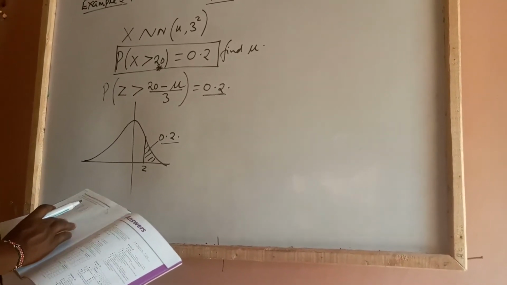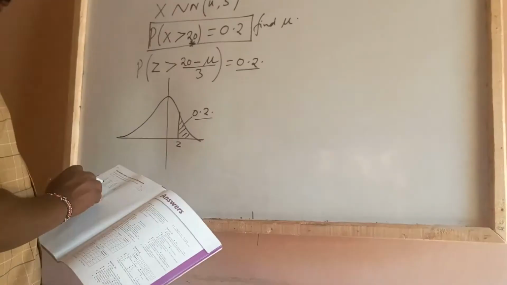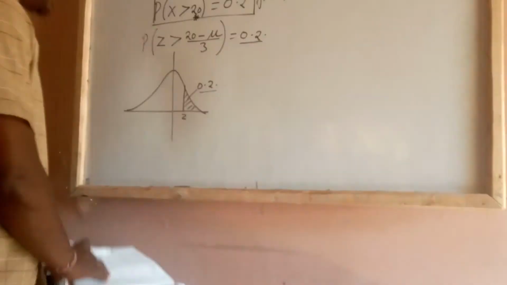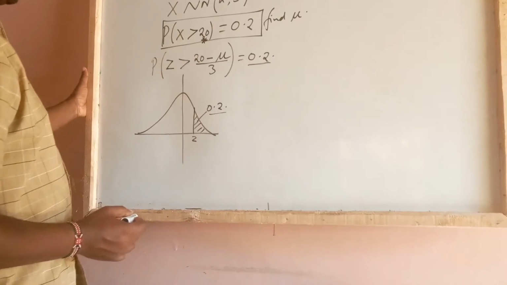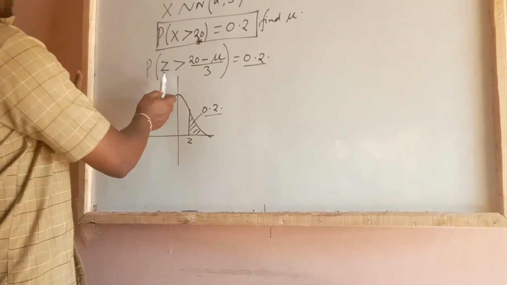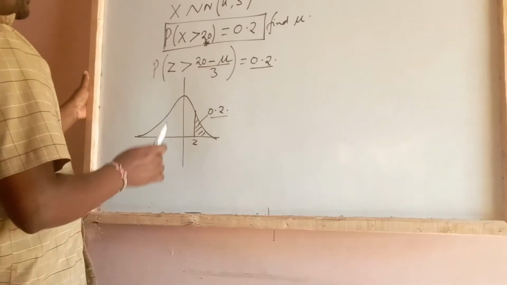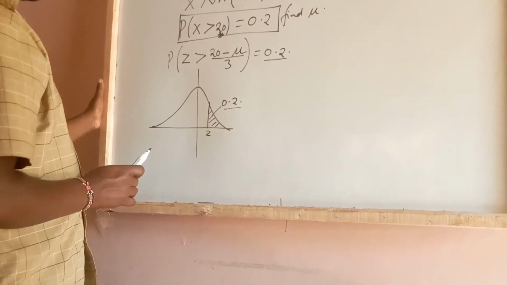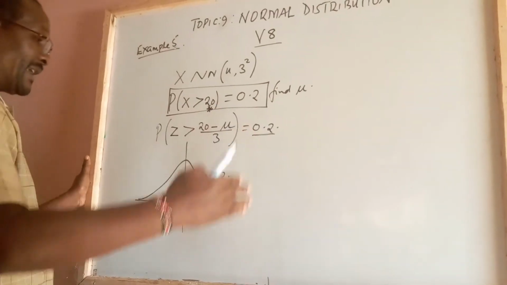When we have the probability of 0.2, then the boundary, which is z, is 0.8416. The reason why we have been able to go to the percentage table is because what is presented is z greater than, and when we have z greater than, we can use the percentage tables directly. If that doesn't work, then we can go to 1 minus.